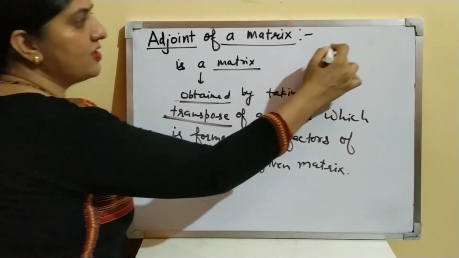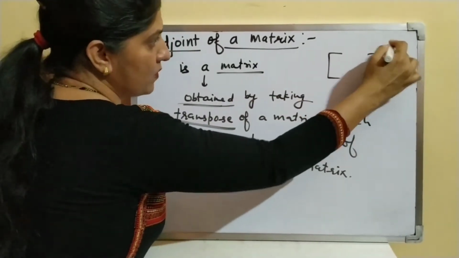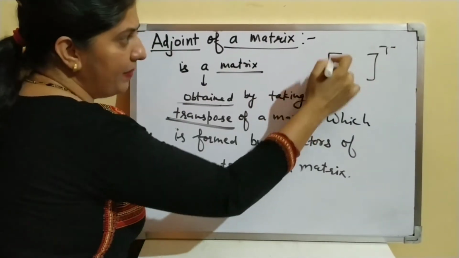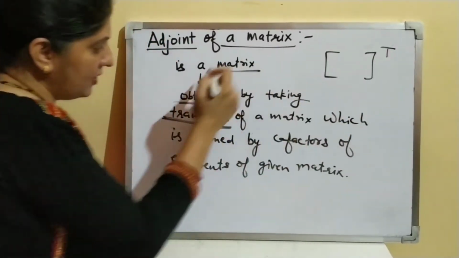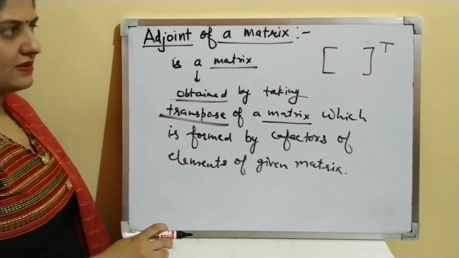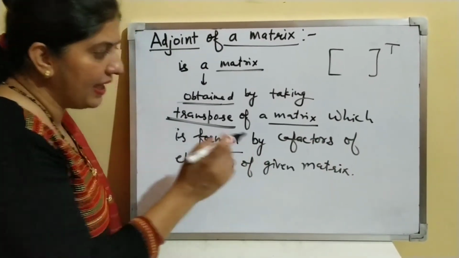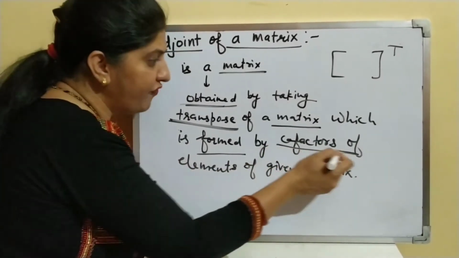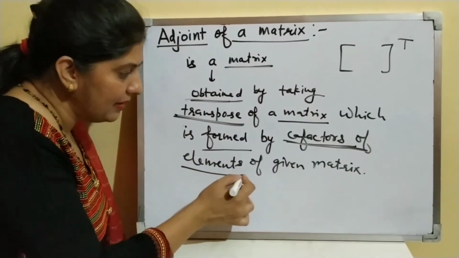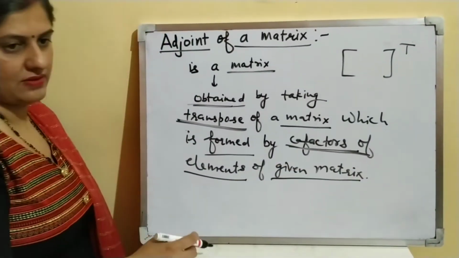transpose of a matrix. Which matrix? Which is formed by cofactors of elements of the given matrix.